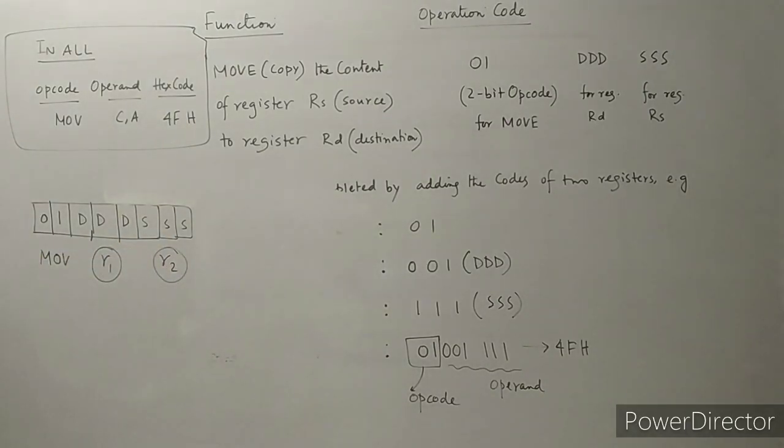So it is 01 DDD SSS. For move it will be 01, DDD is for the destination register, SSS is for the source register, or simply you can write R1 and R2. So these are the basics of this opcode format.